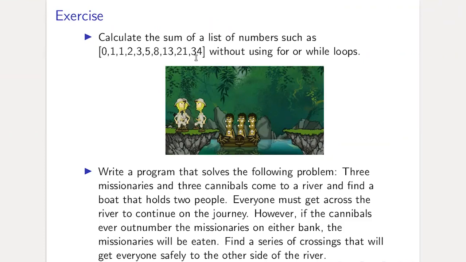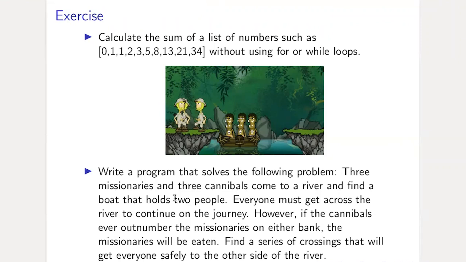Second one is to solve a kind of classic problem. Okay, interesting. There are 3 missionaries and 3 cannibals, and there is a boat that holds 2 people, in addition to the boatman.